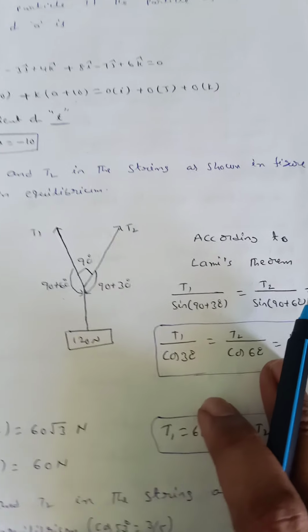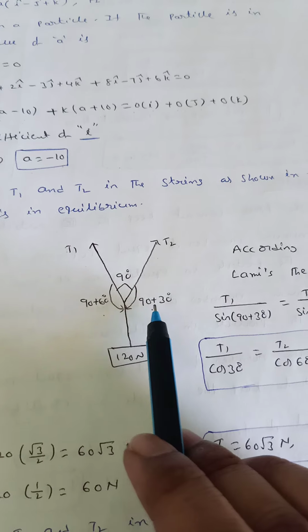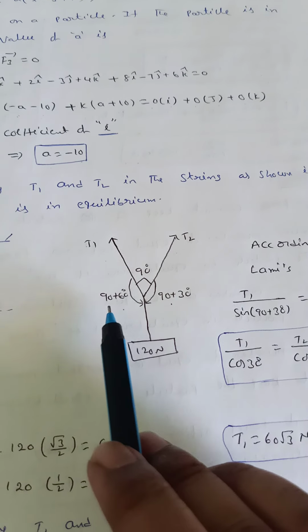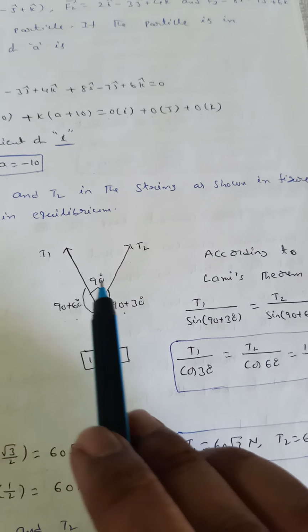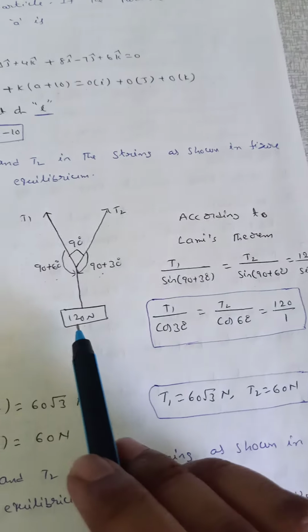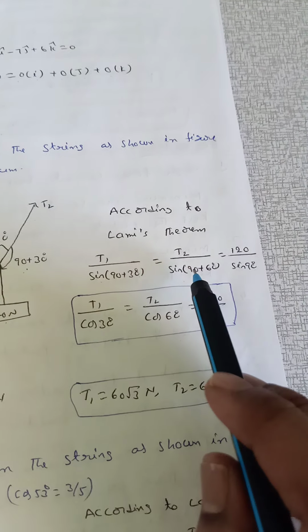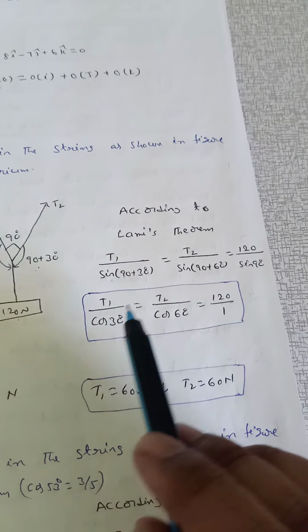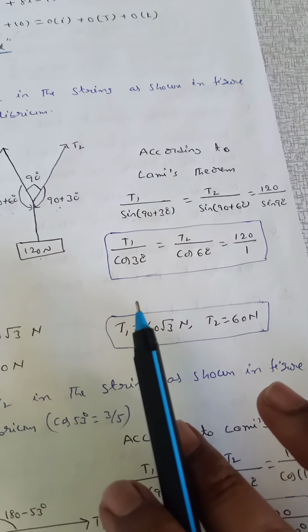According to Lami's theorem, T1 is opposite angle 90 plus 30, T2 is opposite angle 90 plus 60, and 120 newtons is opposite angle 90. That means T1 by sin(90 plus 30), T2 by sin(90 plus 60), 120 by sin 90. Sin(90 plus theta) is cos theta, so T1 by cos 30 is equal to T2 by cos 60 is equal to 120 by sin 90.